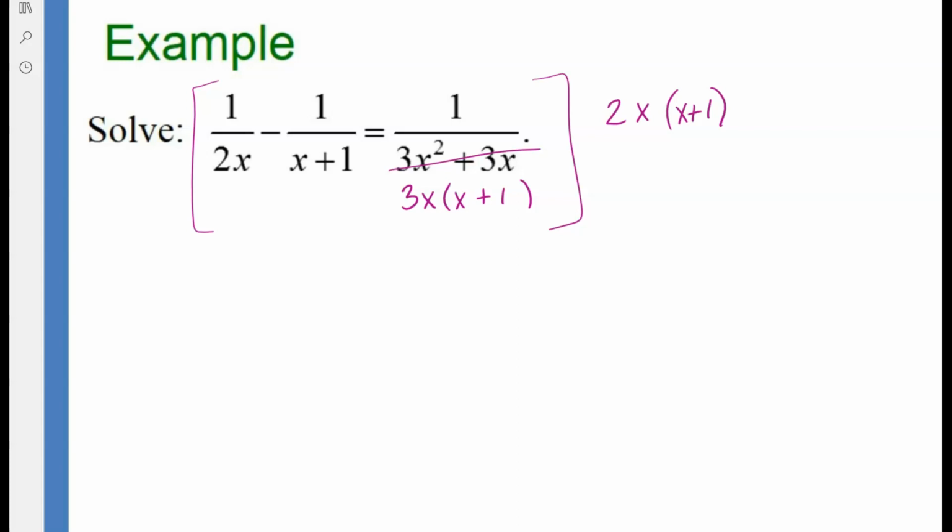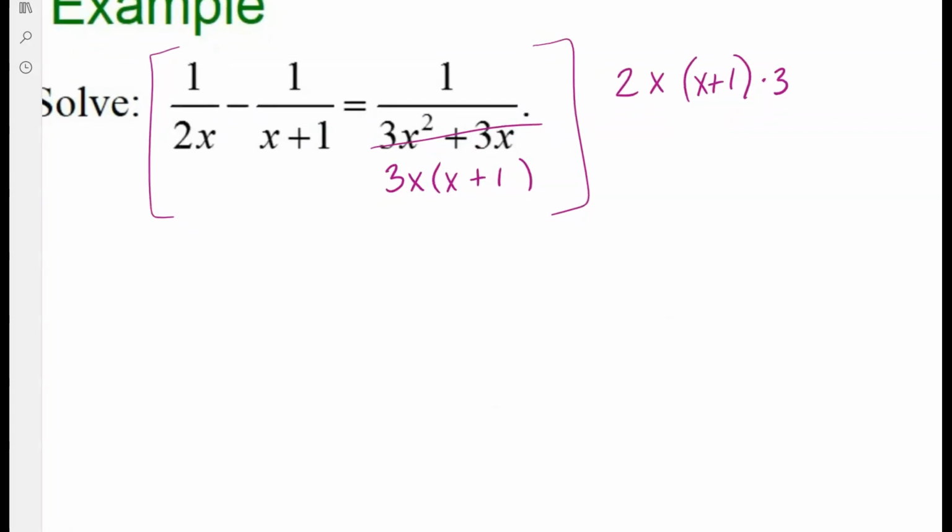I need the 3 because there's not already a factor of 3. But I don't need to repeat the x because it's already there. And I don't need to repeat the x plus 1 because it's already there. I highly encourage you to write out that least common denominator over there, the thing that you're multiplying by. Don't try to carry too much stuff in your head because it's easy to lose it up there.